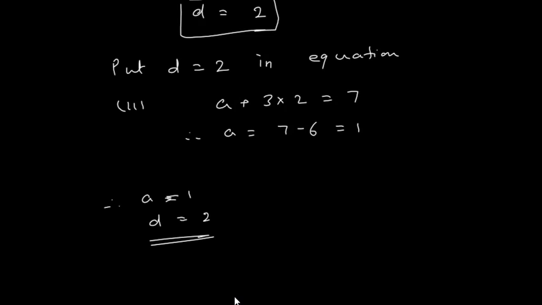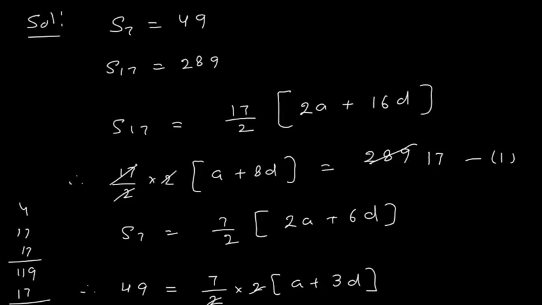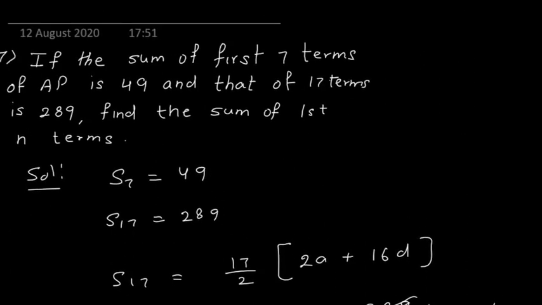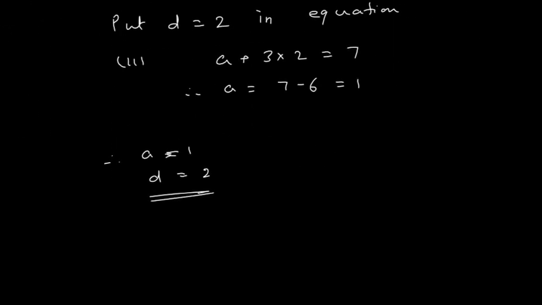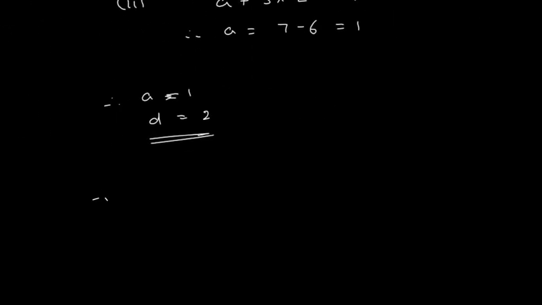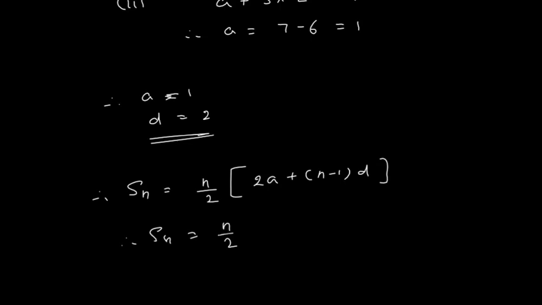Now let us see what we have to find out. We have to find the sum of the first n terms. Therefore Sn is equal to n divided by 2, 2a plus n minus 1 d. Therefore I will get Sn is equal to n divided by 2, 2a plus n minus 1.